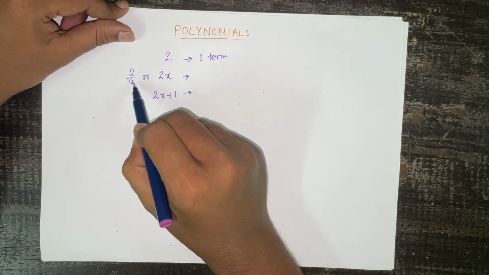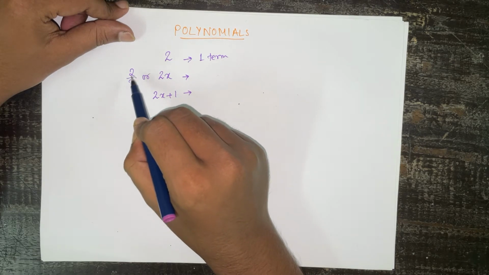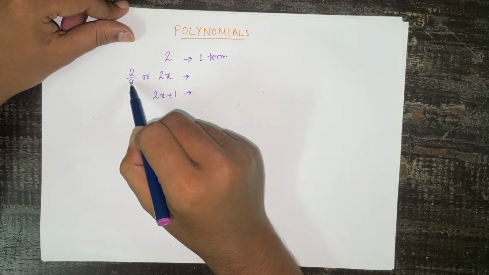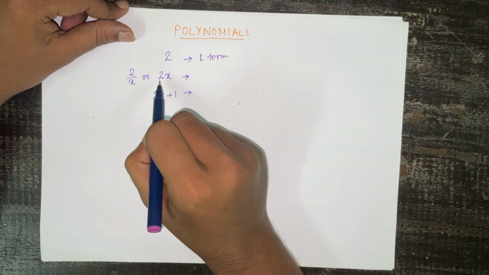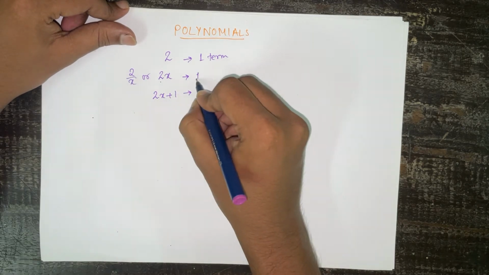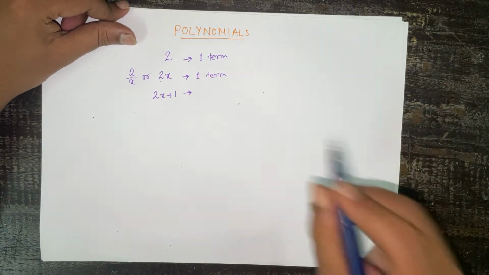We don't know whether x will be a factor of 2 or 2 will be a multiple of x, but here these two are being divided and here we have multiplied. So whenever we multiply any numbers or we divide them, they always form a single term. So here also we have one term.